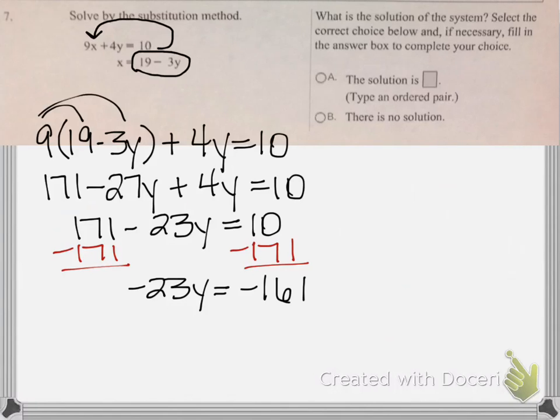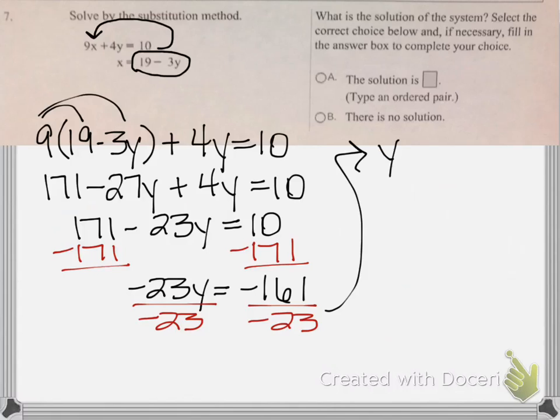And then now I just have to divide by negative 23. And hopefully it goes in evenly. It'd be great if it went in evenly anyway. It's a negative over a negative, so I know it's a positive. What's 161 divided by 23? 7. Yay, okay.